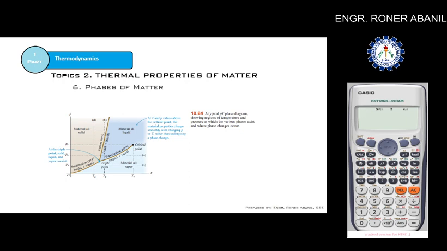So, kung familiar kayo dun sa dry ice, no? Hindi natin siya makikitang mag-melt. So, from solid phase, nagiging vapor kagad siya. So, yun yung nagpo-produce ng napaka-kapal na usok. So, wala tayong makikita na liquid phase, no?